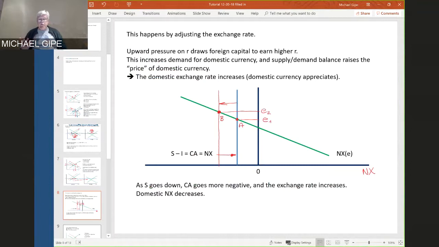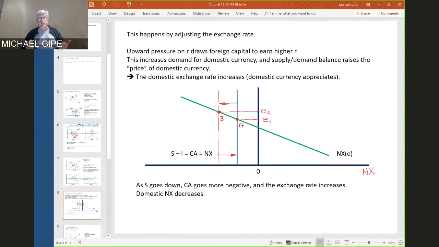So now we're driving this exchange rate up, and the effect of the exchange rate going up is now we're changing our net exports. We're changing the domestic net exports to be lower, in fact, more negative.